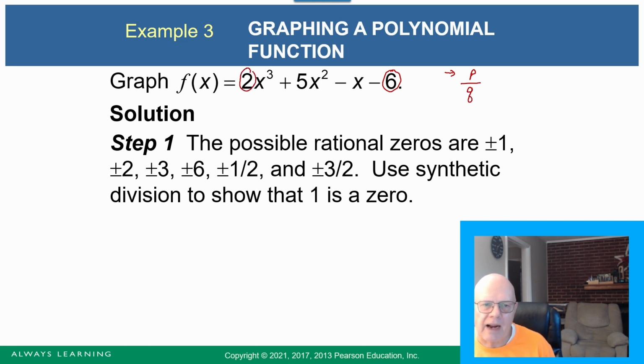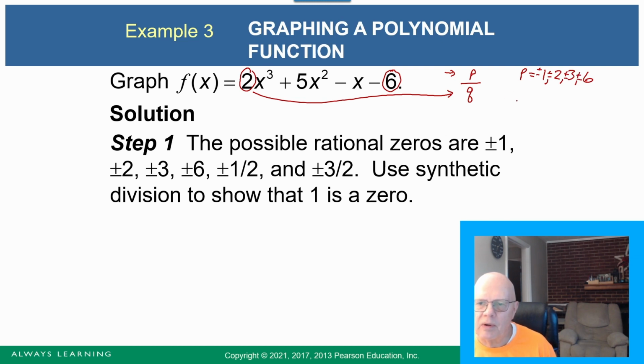The factors of 2 are the possible values for q. Here's a list. For p, it could be 1, 2, 3, or 6, and it could be positive or negative of each of those.